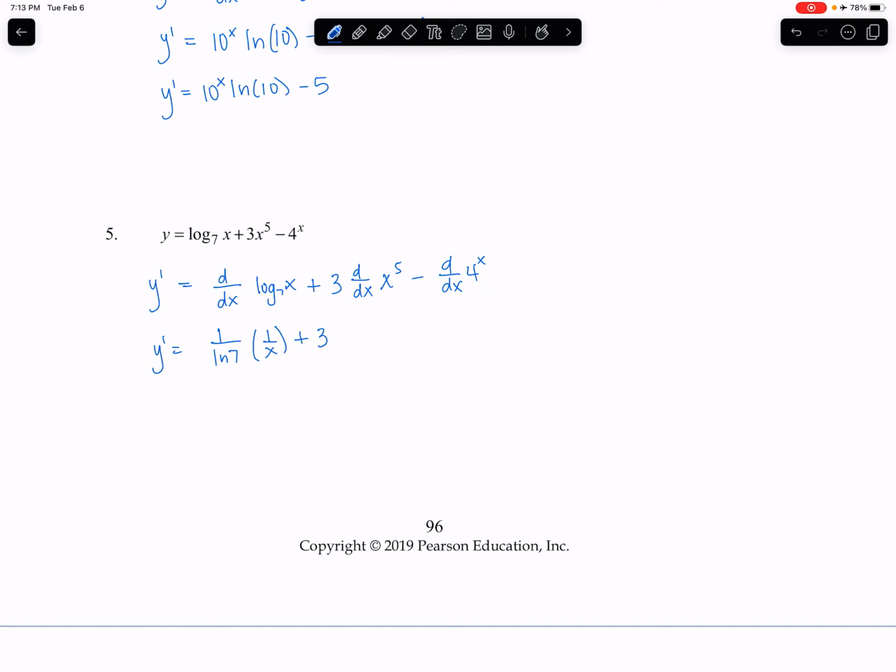We'll have 3 times the derivative of x to the 5th, that's the power rule, 5x to the 4th, minus the derivative of 4 to the x. So we have 4 to the x natural log 4. Okay, so we have 1 over x natural log 7 plus 15x to the 4th minus 4 to the x natural log 4.